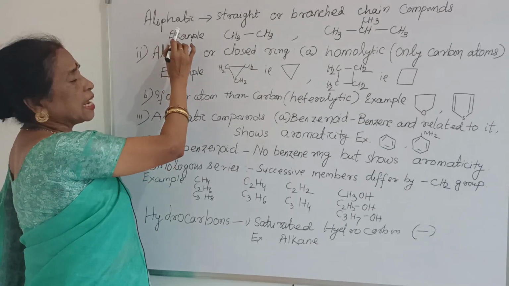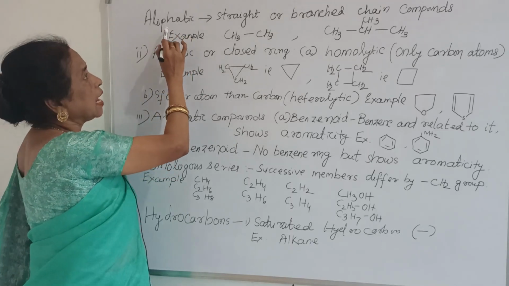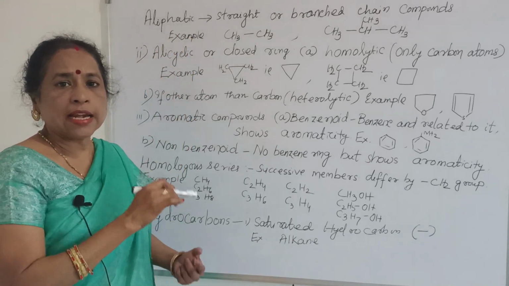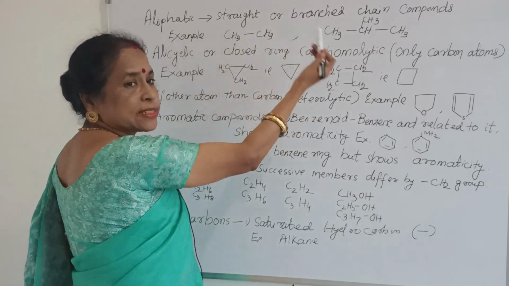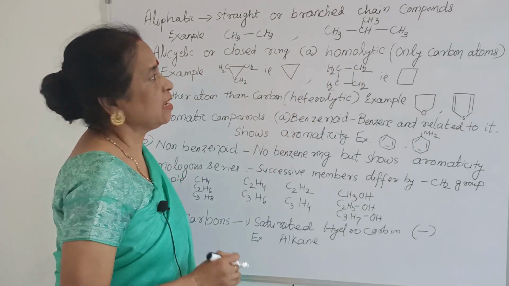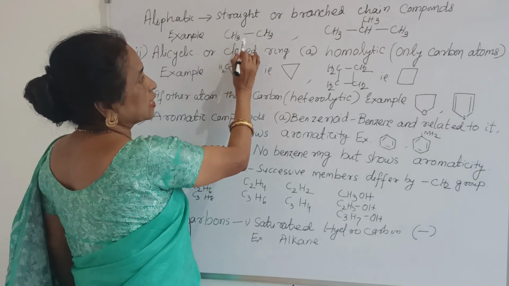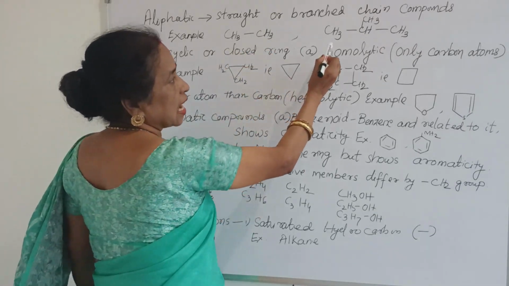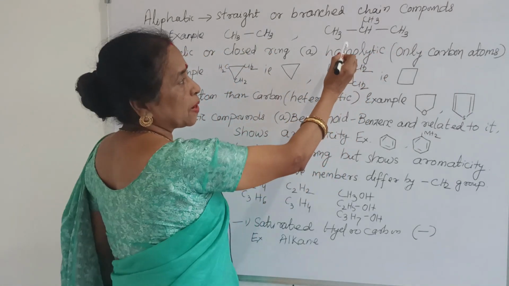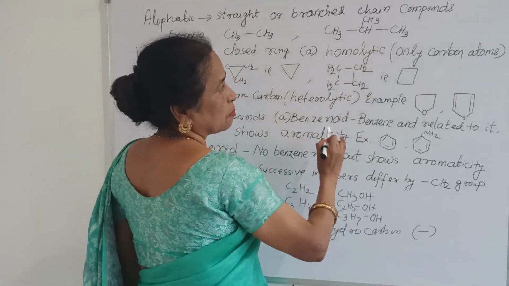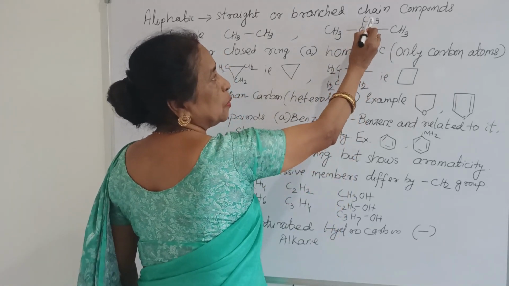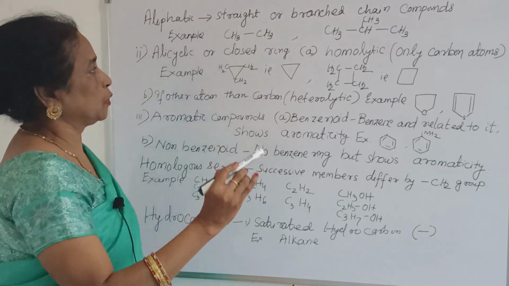So acyclic compounds are called aliphatic compounds. Aliphatic compounds may be straight or branch chain. Let us see one example, CH3CH3. It is known as straight chain, whereas this isobutane is a branch chain compound, where the CH3 group acts as a substituent group.